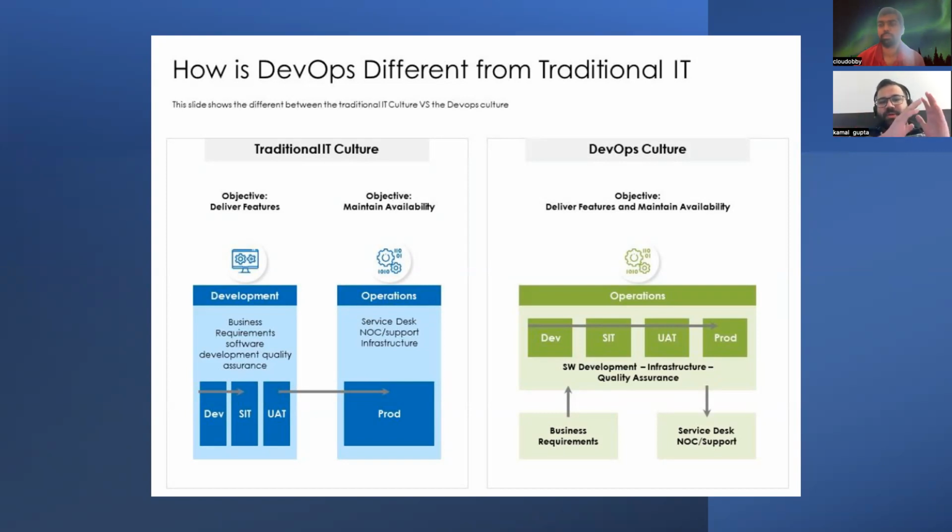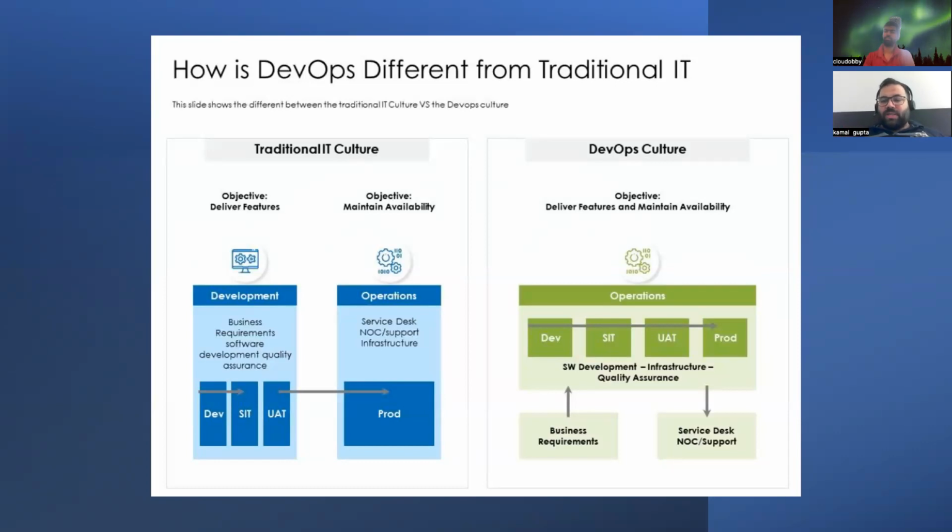The software development team was gathering the requirements from the stakeholders or the business, and then implementing and testing in different environments like the dev environment, SIT, and then EVT. After completing all this, our operation teams came into the picture to deploy the whole package to production all together in a single way.